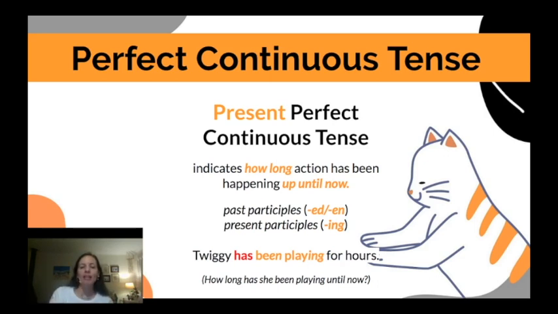If I came home and I said to my husband, what has Twiggy been doing today? He will say, Twiggy has been playing for hours. It's an ongoing action that happened over the day, but it was completed today, completed in this time frame. I want to know how long it was completed up until now. So in this situation, I've added in for hours.